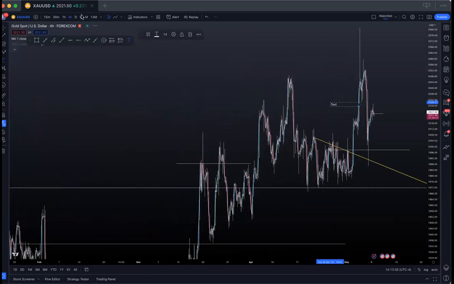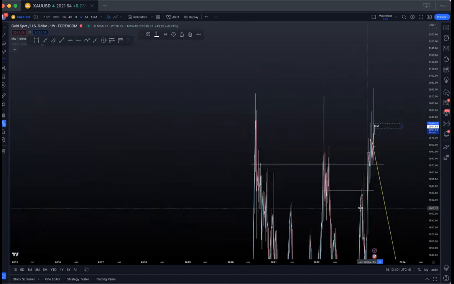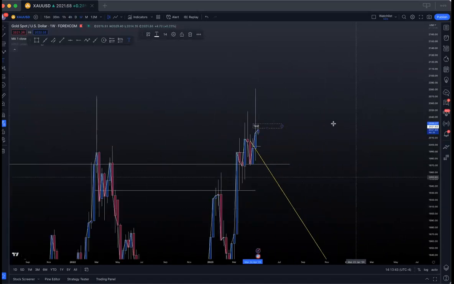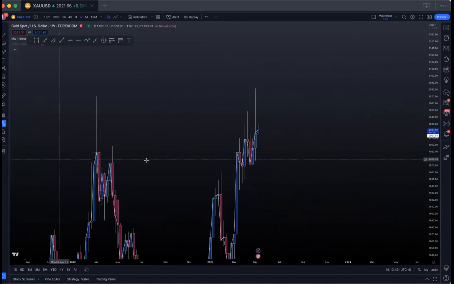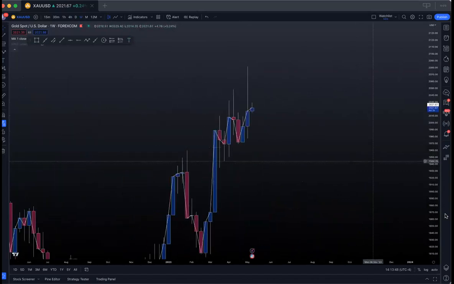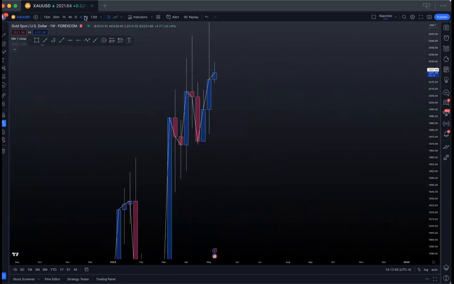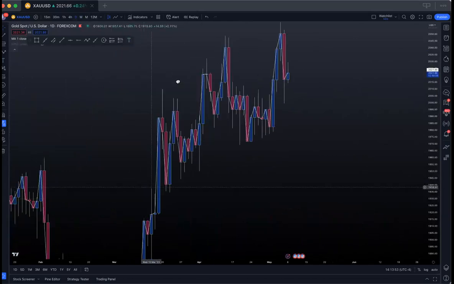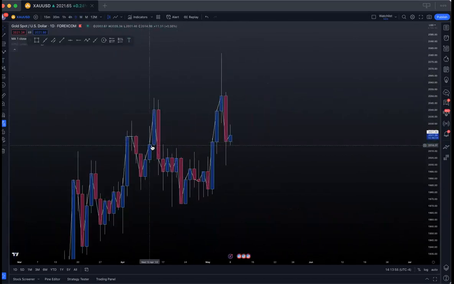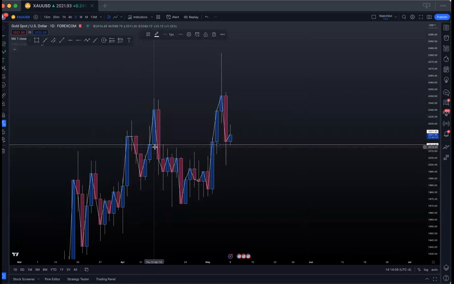Let's see what else. One other confluence that I found to stay bullish for now was, I was on the daily. This is a little bit advanced knowledge, but this gap right here was a level that people were looking at last week.